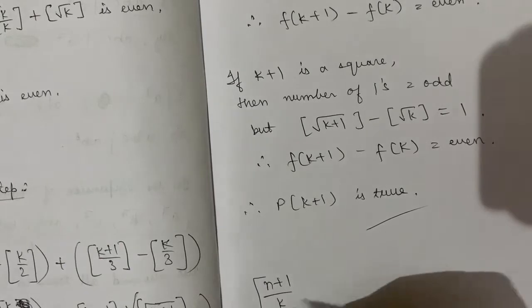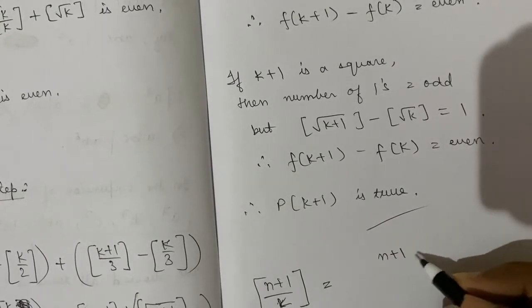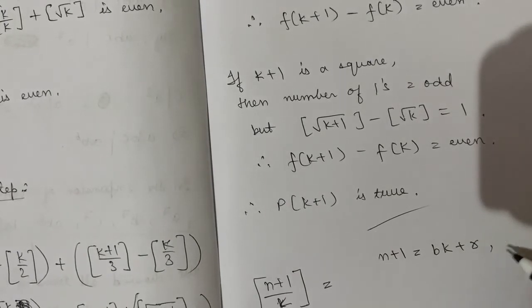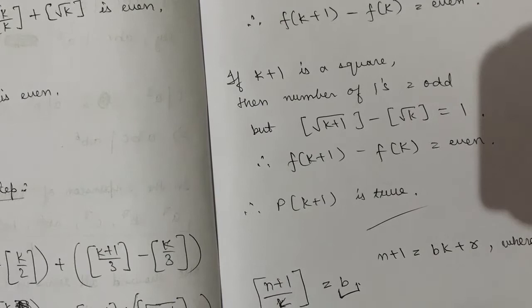The greatest integer of (n plus 1) by k is basically, if I have n plus 1 equal to b times k plus r, where 0 is less than or equal to r less than k, then the greatest integer of (n plus 1) by k is b. So b is basically the quotient that we get such that the remainder is between 0 and k.